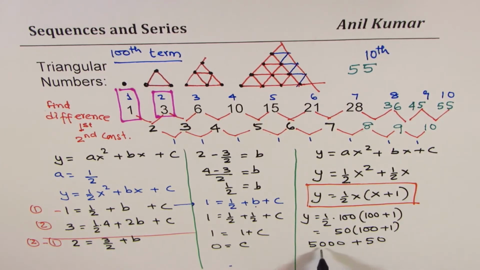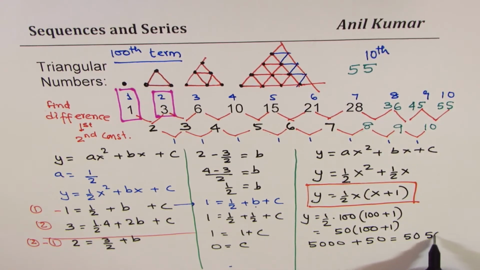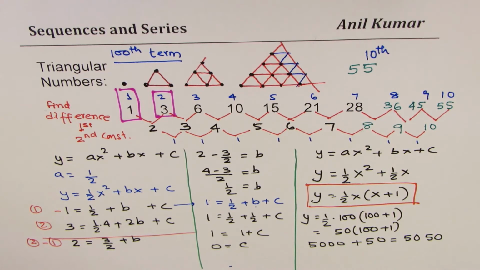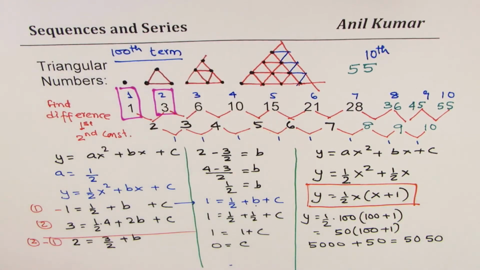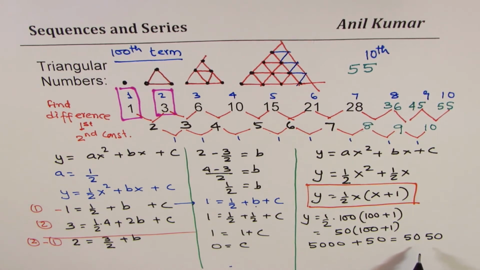And therefore the answer is 5050, right? So this sum is 5050, correct? You could use the calculator also to find this sum, right? So 100 times 101 divided by 2 is 5050, that is correct. So that is how you get your total. So the 100th term is 5050 as you have seen here.